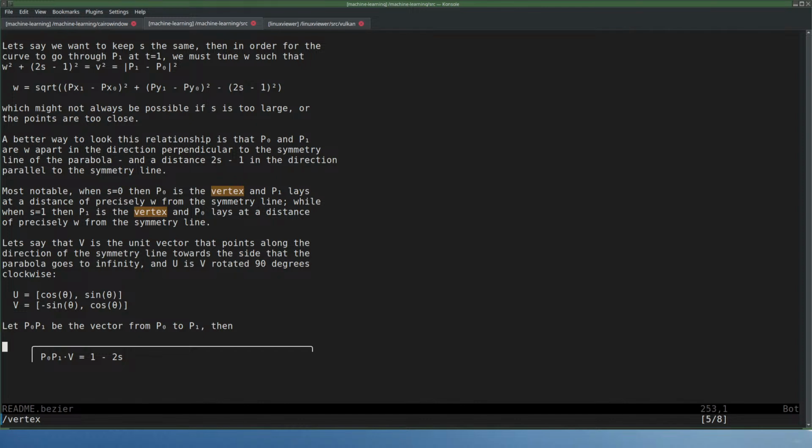So then if you take the inner product between P0, P1 with V, aka you do the projection of P0, P1 onto the symmetry line, then you get this 1 minus 2s. It's negative, it's not 2s minus 1, but the negative of that because I chose to have the symmetry line point upwards.